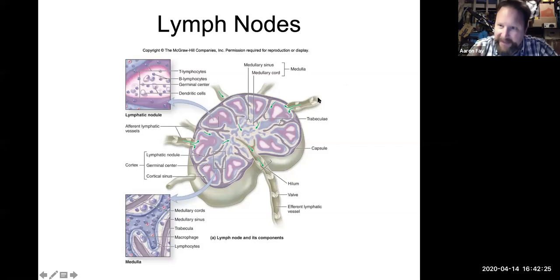What this does is the cells stay put and the antigen comes to them. That's the advantage. As the lymphatic vessels drain lymph from the tissue, that lymph carrying the antigen is brought to the lymphocytes. The lymphocytes don't have to go out wandering if they don't have to.